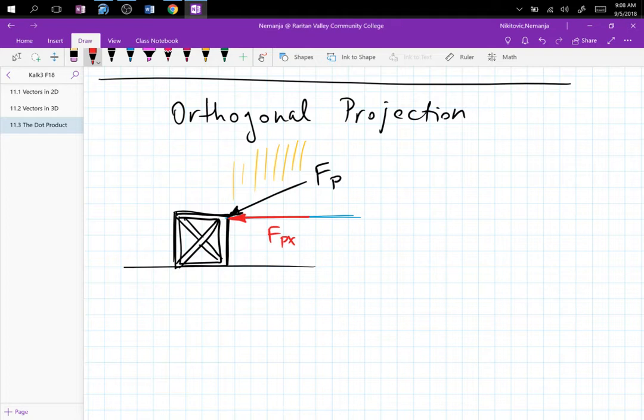So when you look at it, this force P_x is actually the projection of vector F_P. These are all vectors, right?